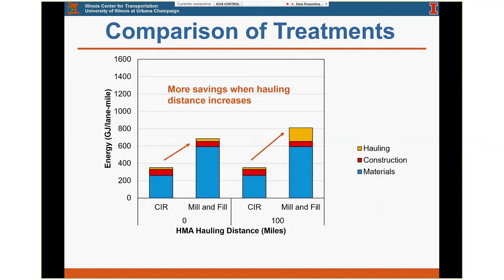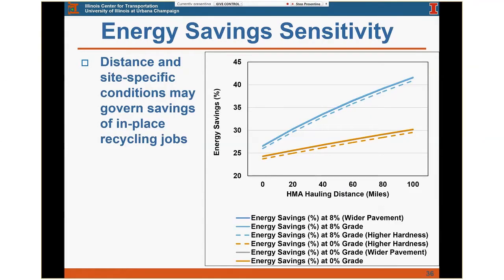And we looked at, of course, multiple different parameters, what really changes those savings. In this plot, what we are showing is the energy savings. The savings can be from 20 to 45%, and we are comparing these two cases, the conventional versus a cold-in-place plus a chip seal case. The orange bar is a 0% grade, and the blue bar is representing an 8% grade.